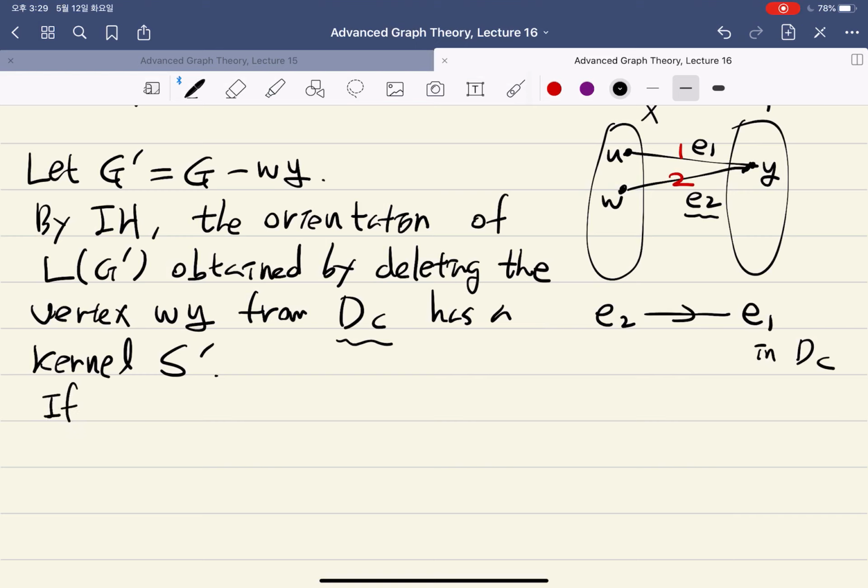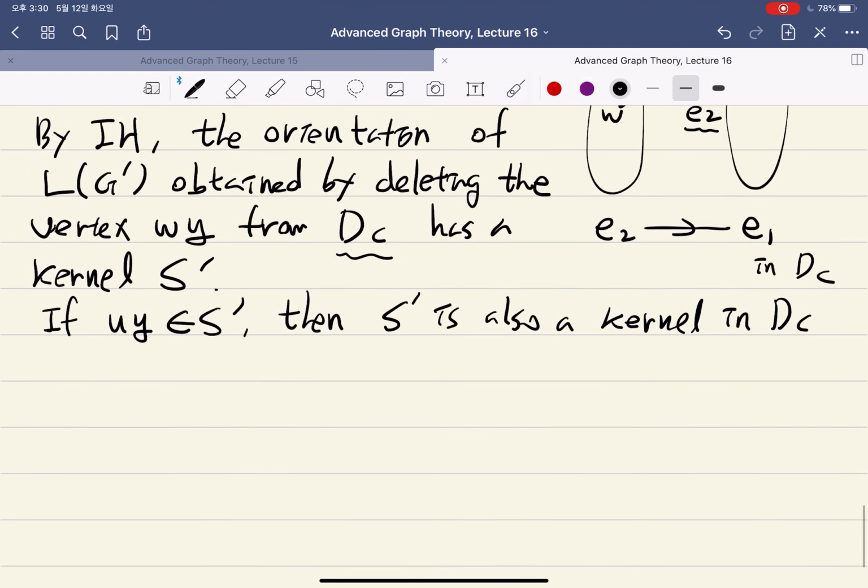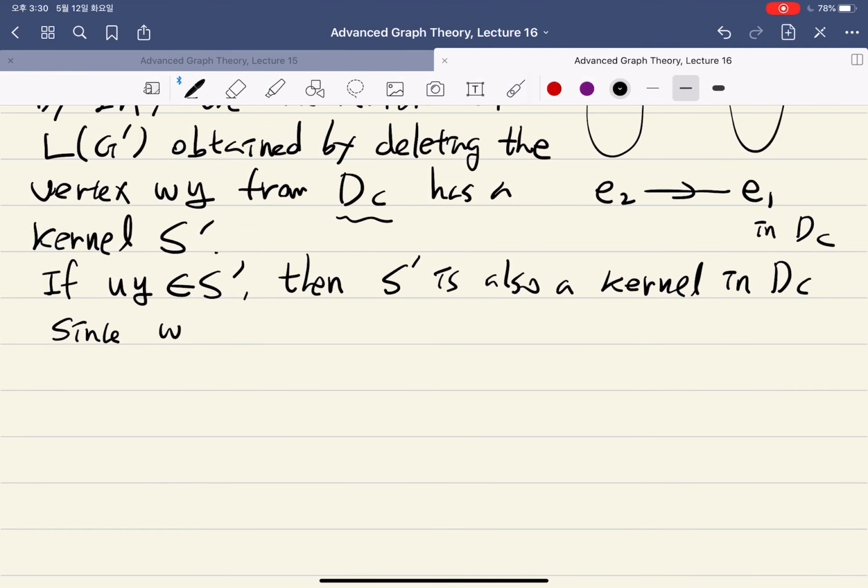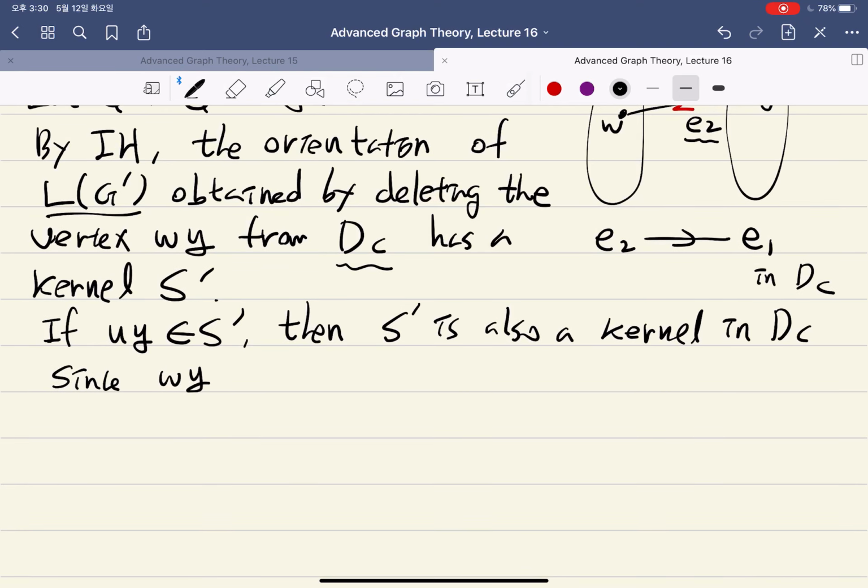We have two cases. If this uy is in S prime, then this S prime is also a kernel in DC, since WY, this one vertex which is not in the smaller graph, has uy as an out neighbor in DC.